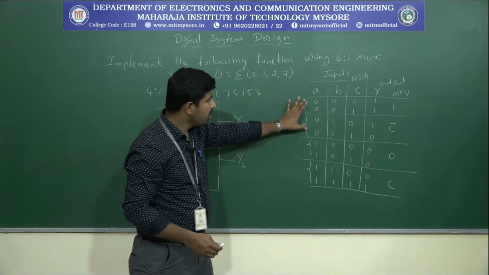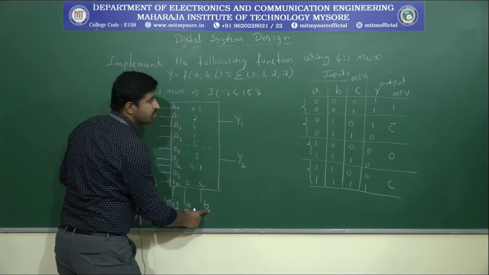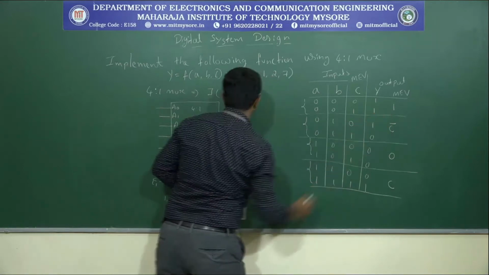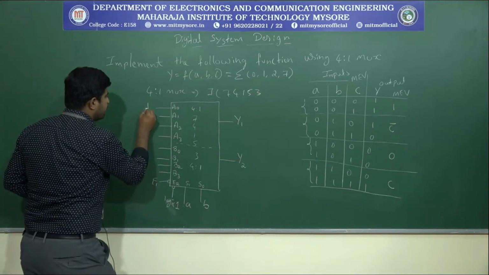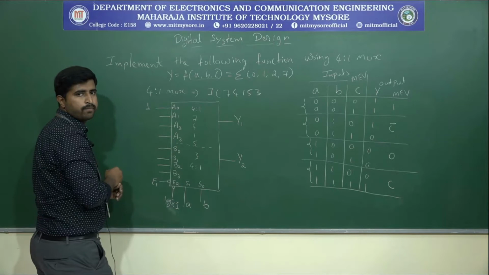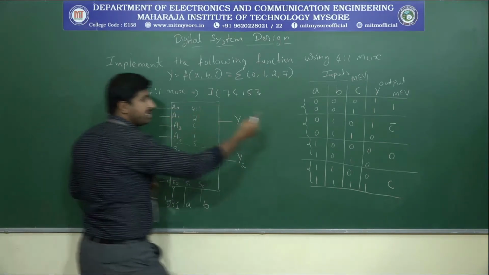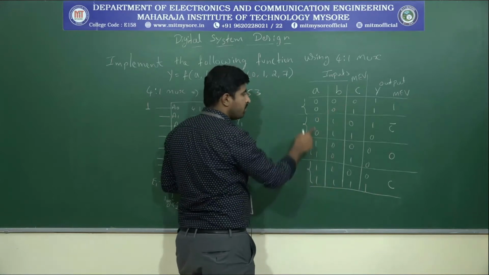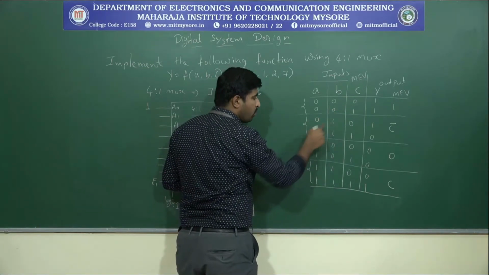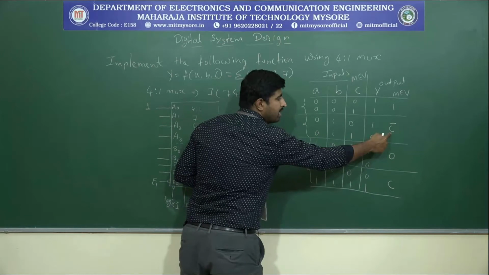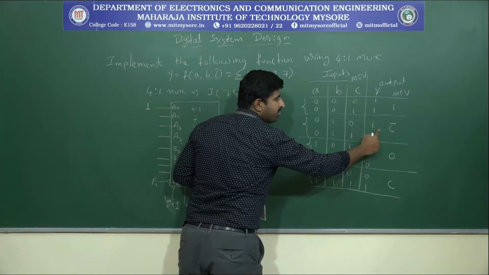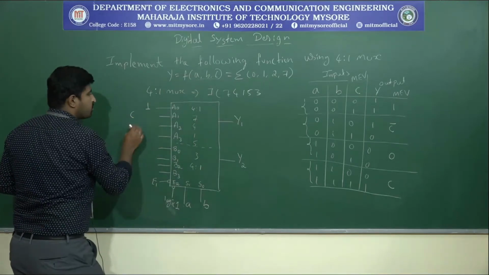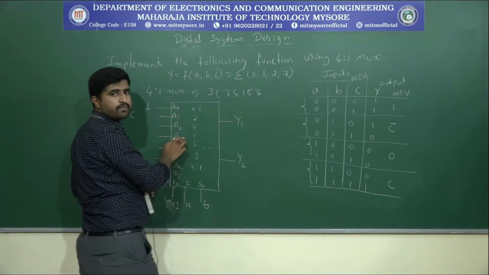Okay. So now when A and B are 0 0, output will be 1. So that means A0 will be connected to the 1. Whatever the C value may be, there is no need to bother with the C value here. Now when A and B are 0 1, output will be C bar, that means the complement of C. So we have one more input variable, C, that should be connected to the inputs here.